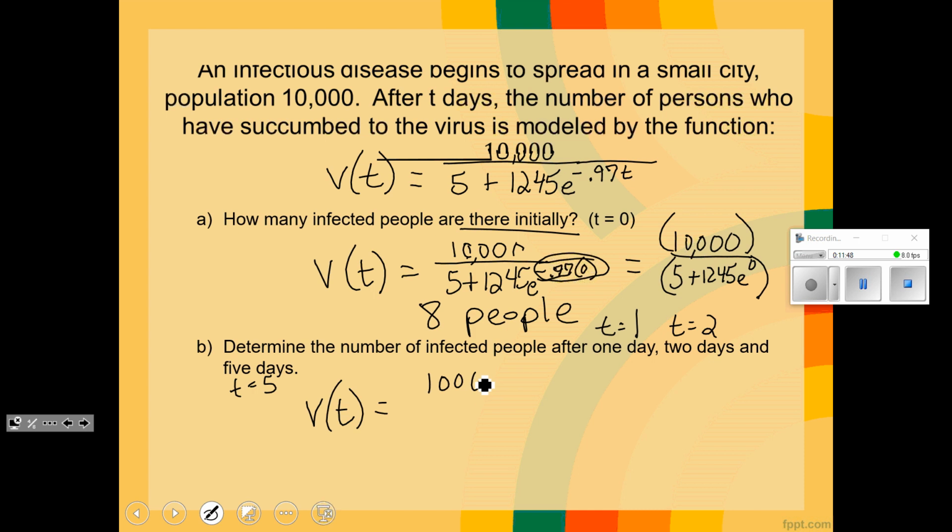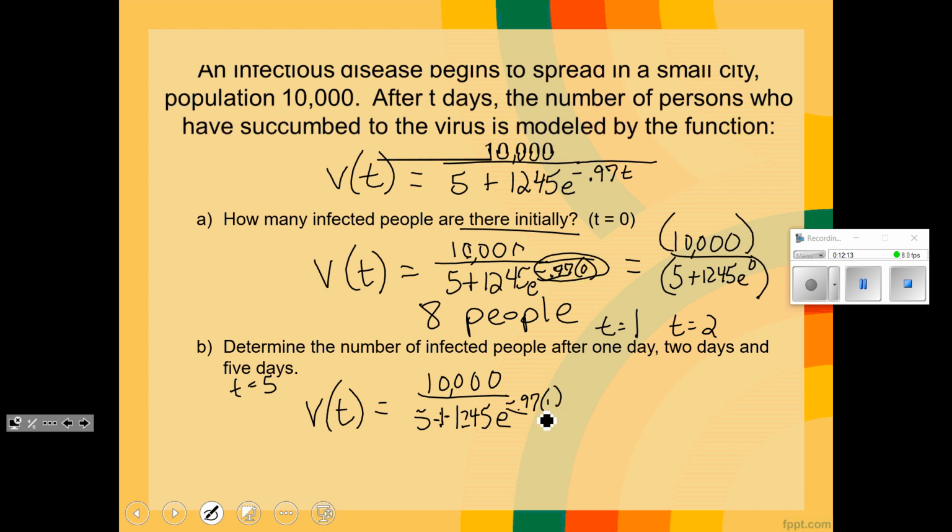Now, do I have to put the 10,000 in parentheses? No, because it's the only thing in the numerator. But because I have multiple things in the denominator, just to make sure that I get it done correctly, I would put negative 0.97 times 1.